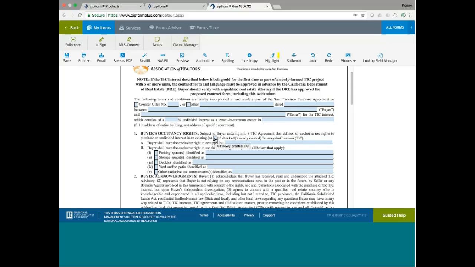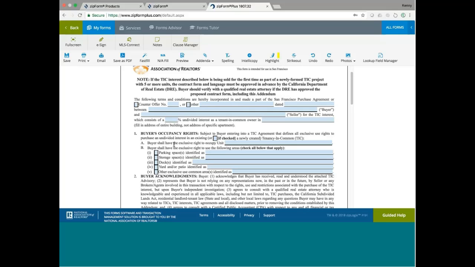It says subject to buyer entering into a TIC agreement. So that tells us that a buyer buys its interest from an existing seller. So whatever interest that the buyer gets is through the existing seller. However, if it's a brand new TIC, the buyer would have to enter into a TIC agreement.